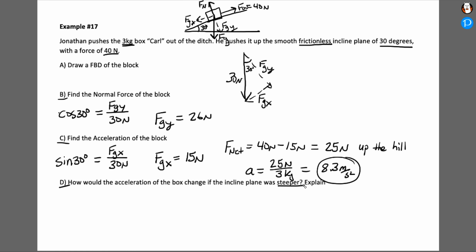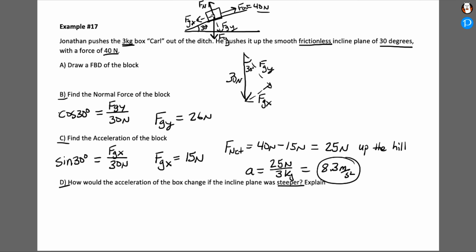So if we had a steeper incline, if we were to make this like maybe, let's say, a 60-degree angle, and I guess we're assuming that the force is still 40 newtons. So you're still pushing with 40 newtons, but now we make this incline up to like 60 degrees. Well, in that case, the acceleration would have to go down, right?